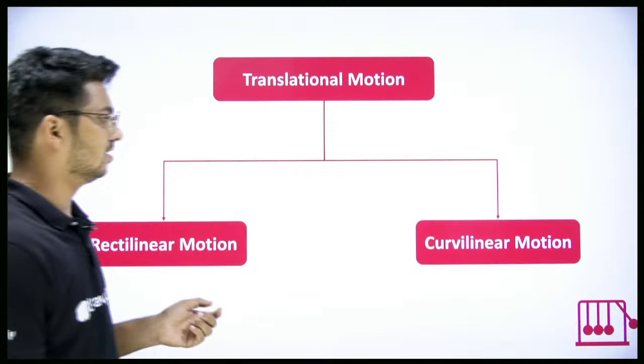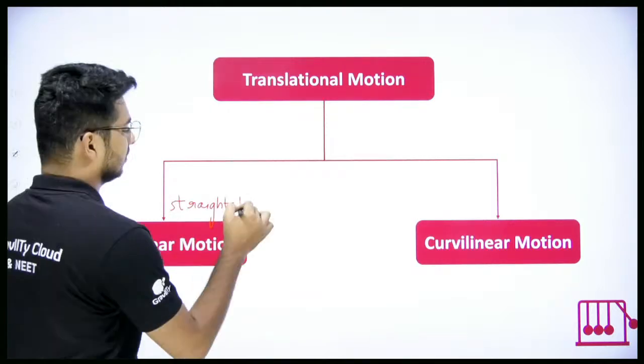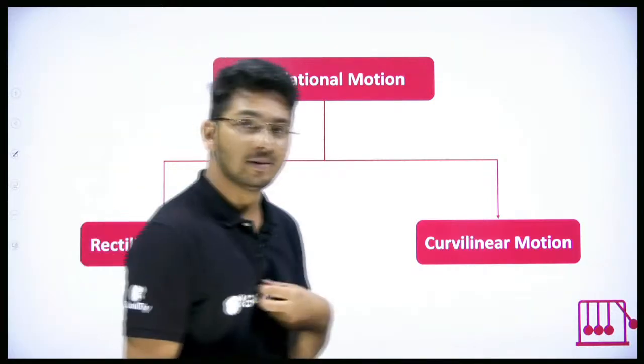Rectilinear means motion along a straight line, and curvilinear means motion along a curved line. Motion along a straight line and motion along a curved line. Different types, we'll go into each and every one of them.